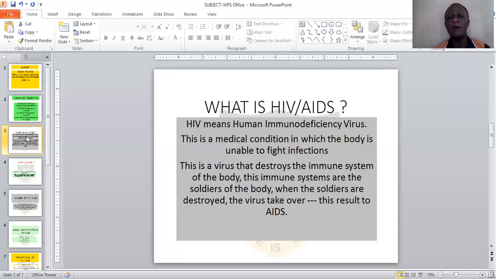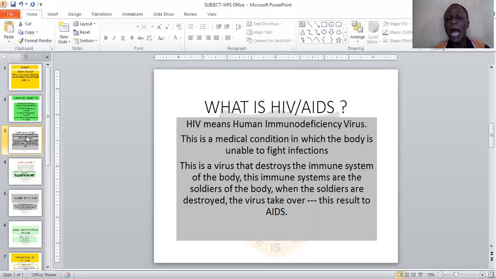This is a medical condition in which the body is unable to fight infections, to fight germs, to fight virus. This is a virus that destroys the immune system. Do you know what they call the immune system of the body?